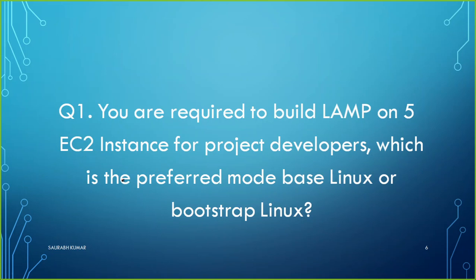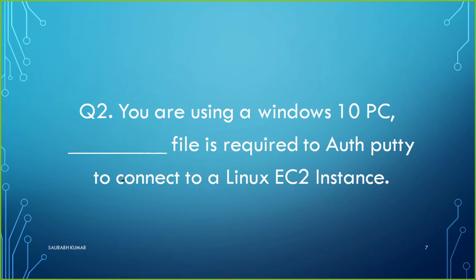The second question goes to you. You are using a Windows 10 PC, or maybe any Windows machine. Which file is required to authorize or authenticate PuTTY to connect to a Linux EC2 instance? Meaning that maybe your laptop is running Windows 10. From there you want to connect with a Linux EC2 instance.